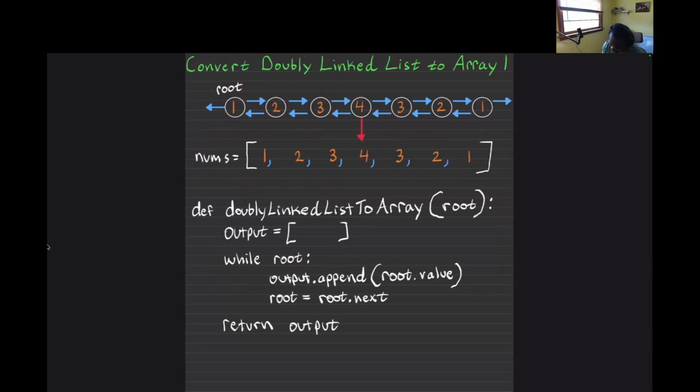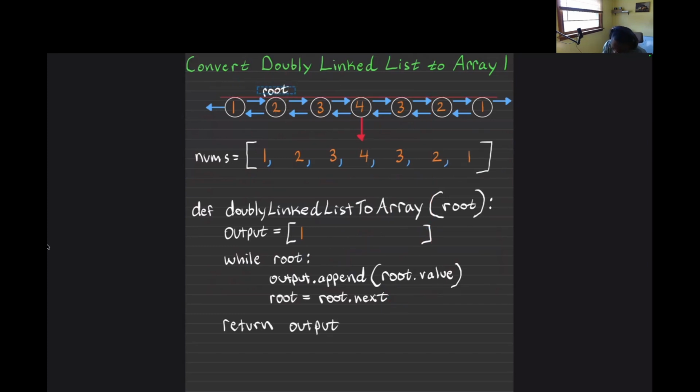All right, so we have our output array. We have our while root condition. So root is here. Output.append root.value. That value is a 1. So we append just this 1 here to the output. And then we say root is equal to root.next.